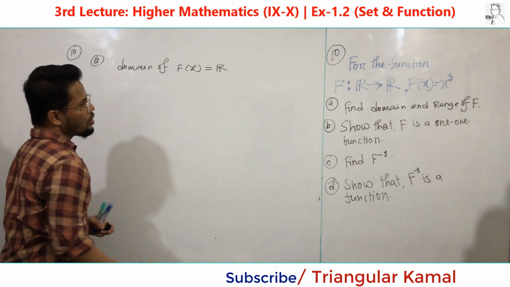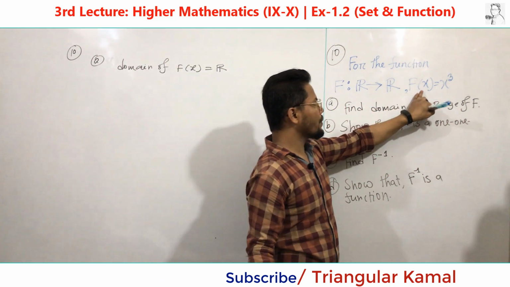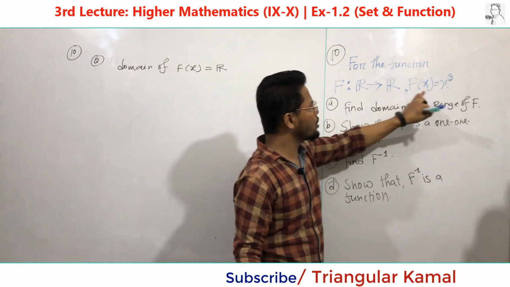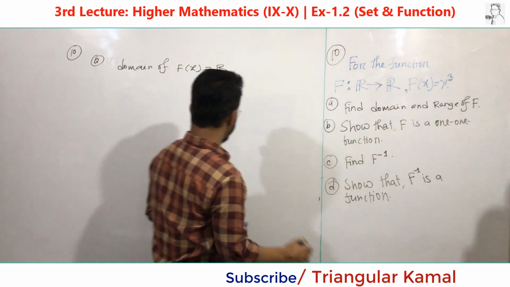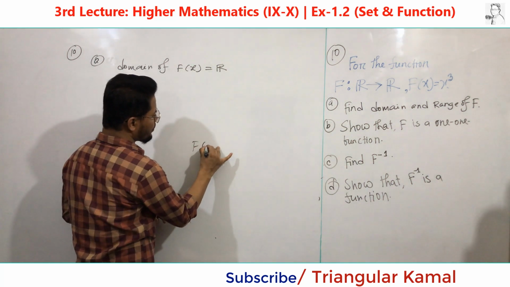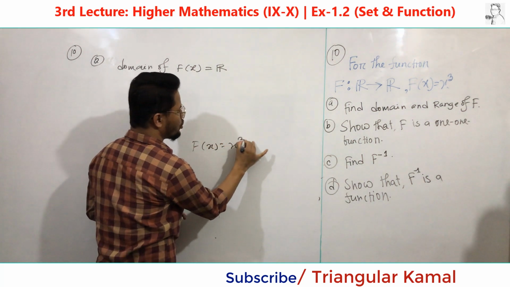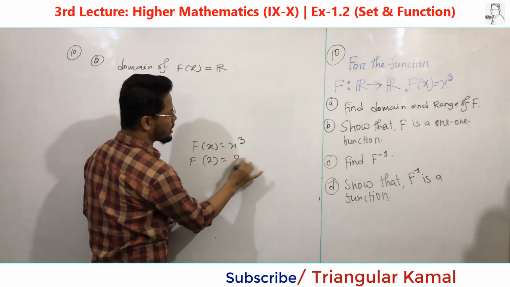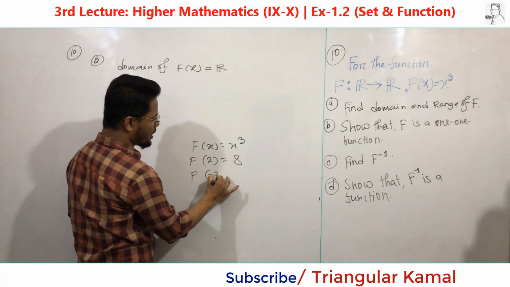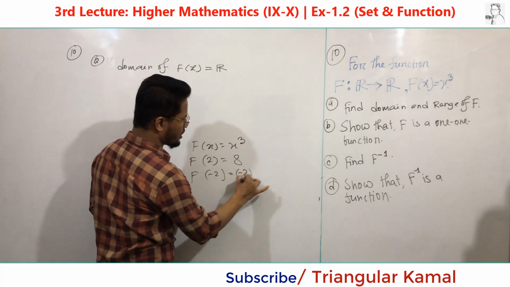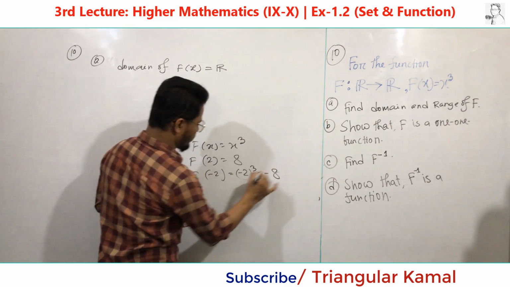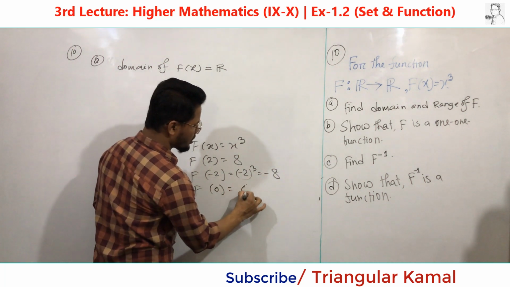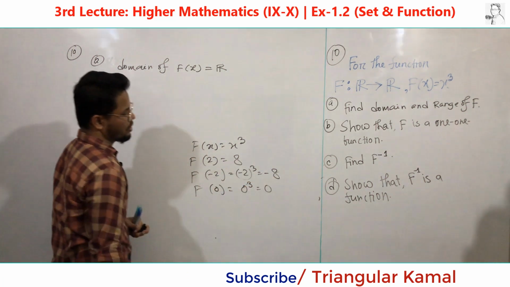Like if you apply here a positive number, you will get positive, and if you apply here 0, you will get here 0, because f of x equal x cube indicates, if you apply any positive number, you will get a positive number. If you apply any negative number, you will get a negative number, and if you apply 0, you will get 0 cube equals 0.